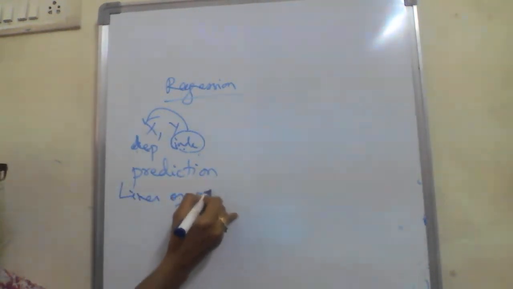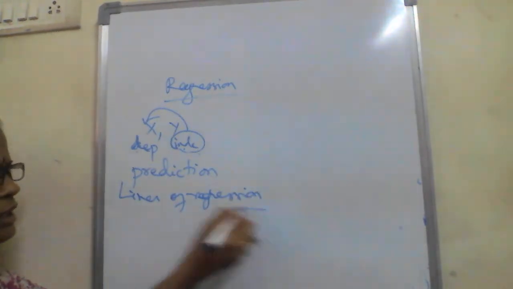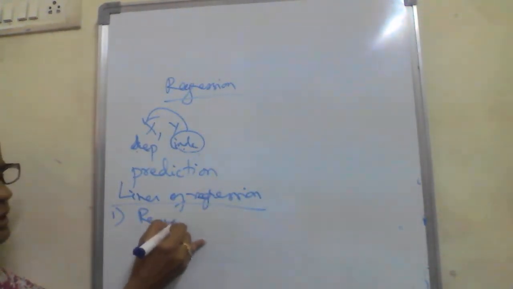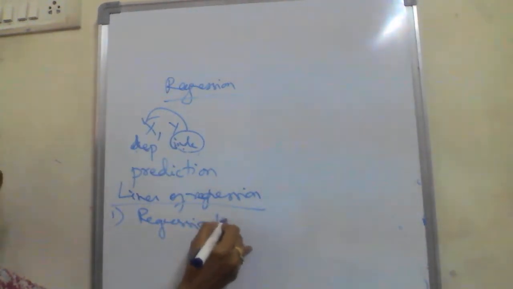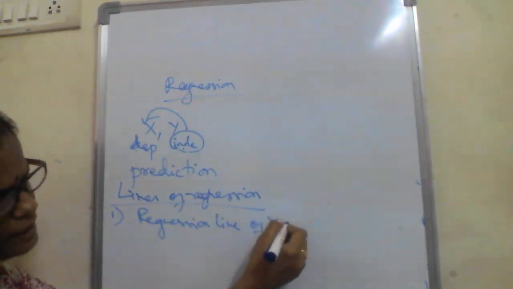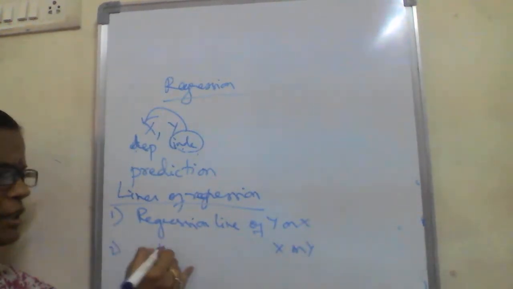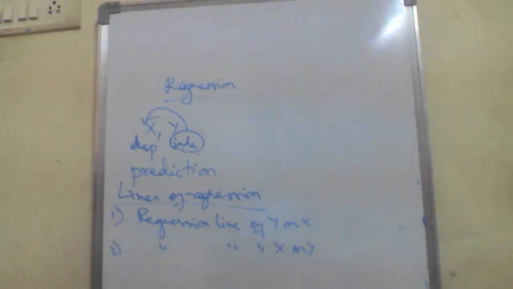In lines of regression, the first thing is you have the regression line of y on x and the other is x on y. Two types you have: regression line of y on x and regression line of x on y.